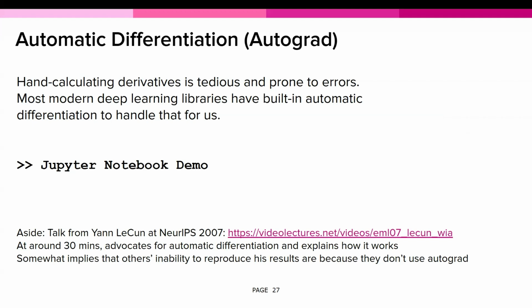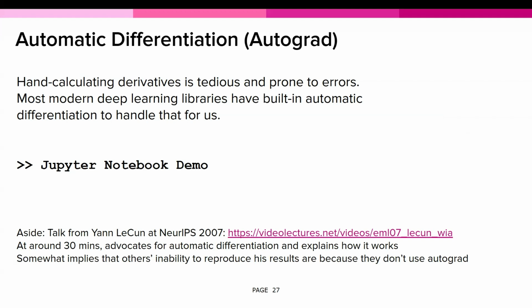The feature is usually called Autograd, standing for automatic differentiation. What this does is automatically compute the gradients with respect to some objective that we've defined, given a particular neural network architecture.